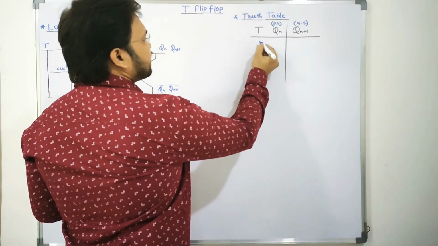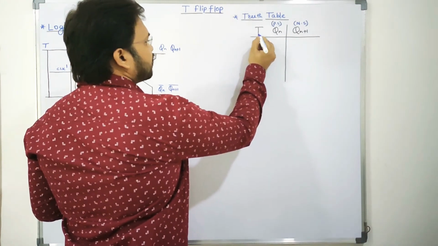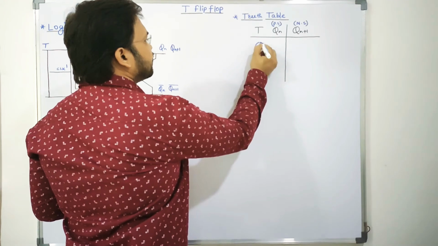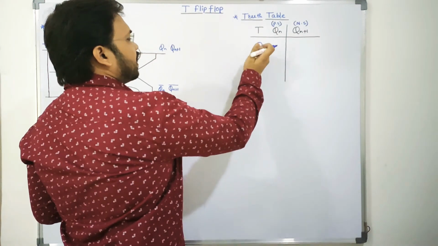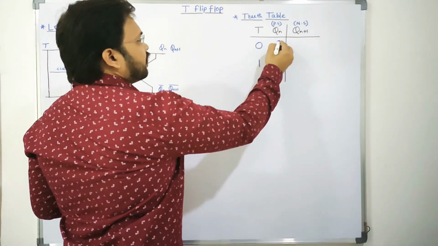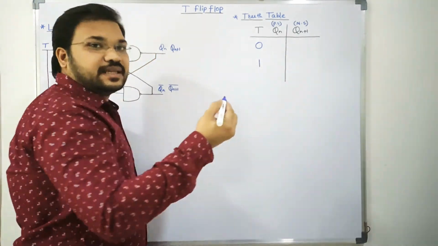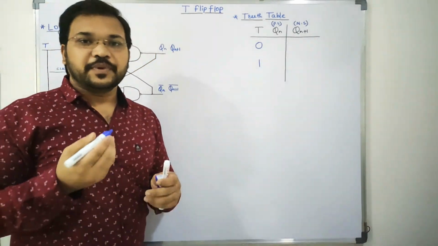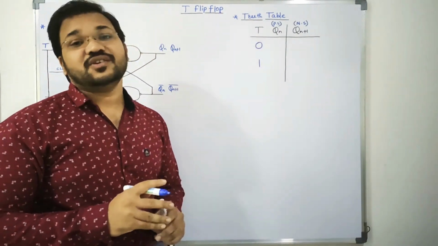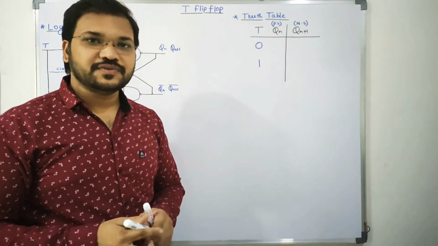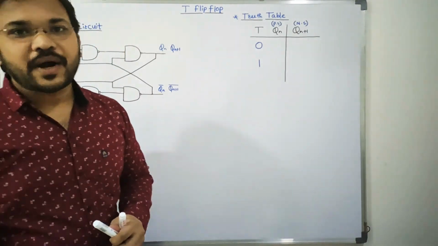So T is equal to 0 and T is equal to 1. As we know, in our previous video we discussed that Qn is the present state, which is not the required output.